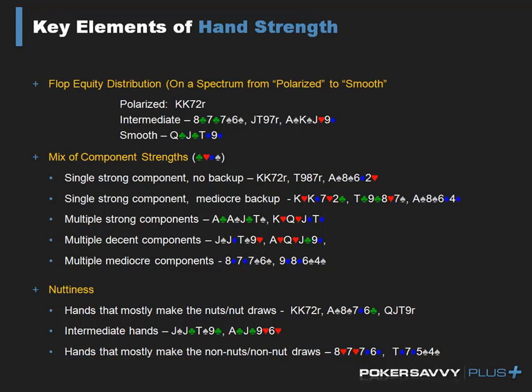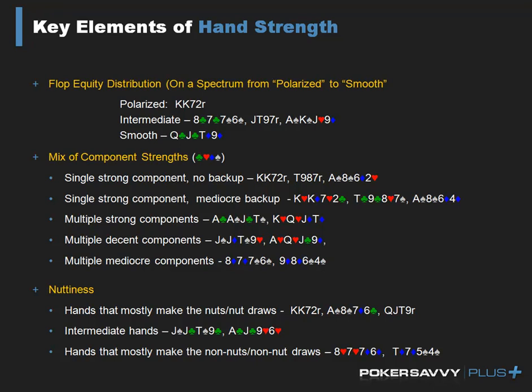So this is a polarized equity distribution. A really smooth equity distribution is the double suited, double connected hand, Queen-Jack-10-9 being the example given here. It has a really smooth transition from its very strong flops to its good flops to its medium strength flops and so on. And then there's a bunch of intermediate cases between. We talked about them a little bit more in the previous video, but I'm going to move on for now.